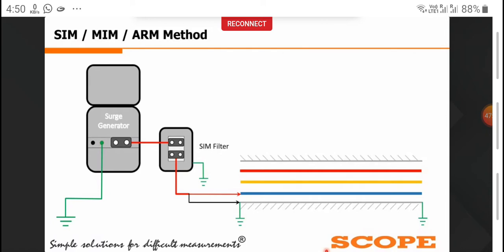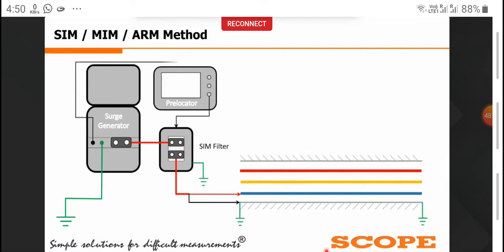After that, a prelocator instrument is connected to the secondary impulse filter, and also one return path is connected to the prelocator. So in this animation we can see how the secondary impulse method works. In this method, first we send a TDR pulse into the cable.